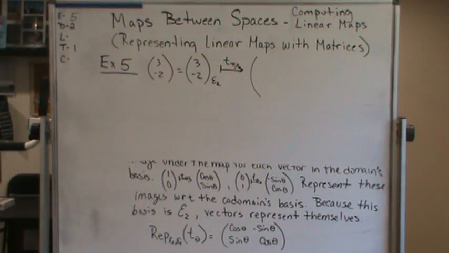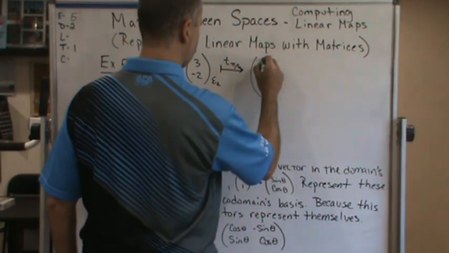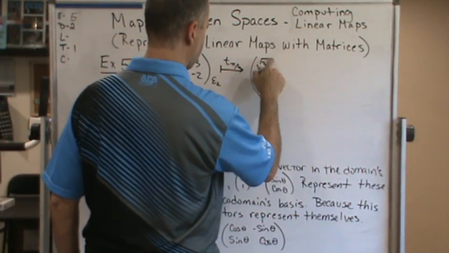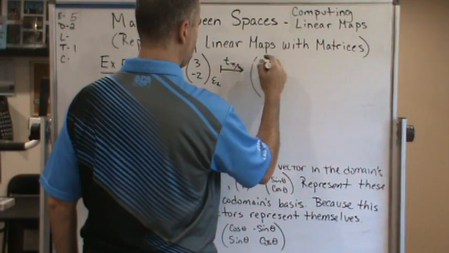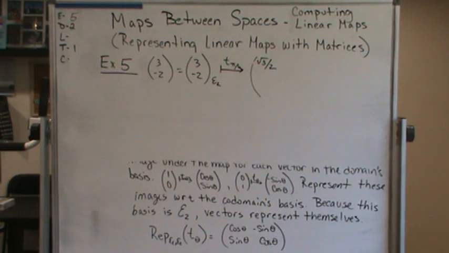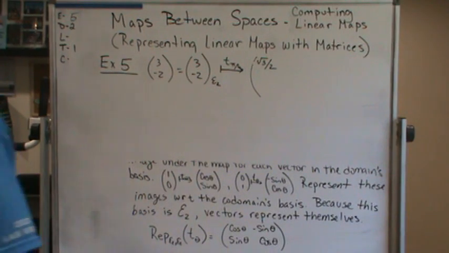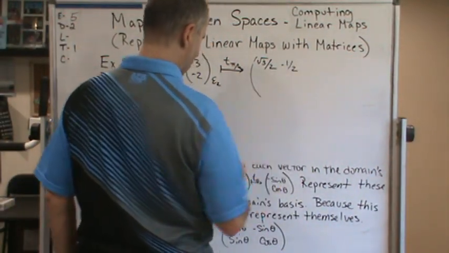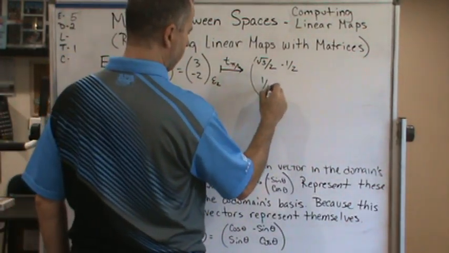We're just going to take cosine of pi over 6, a 30-degree angle, and use what we know about our trig functions. So we get square root of 3 over 2. Then negative sine of 30 degrees is negative a half, and sine of 30 degrees is positive a half.